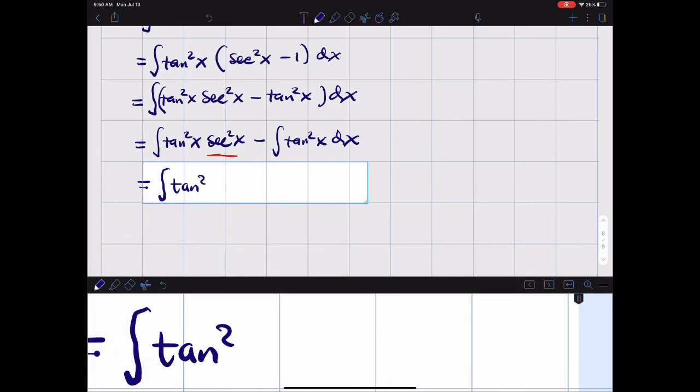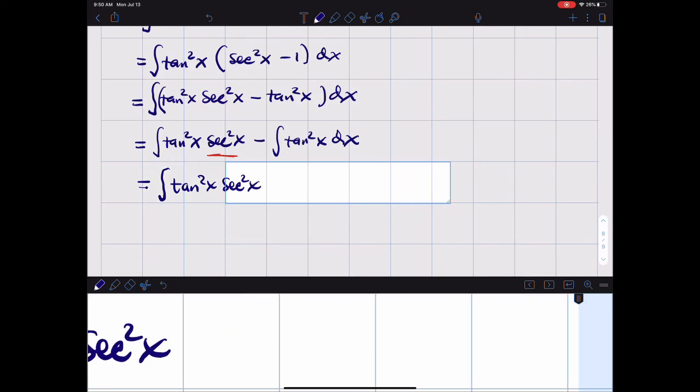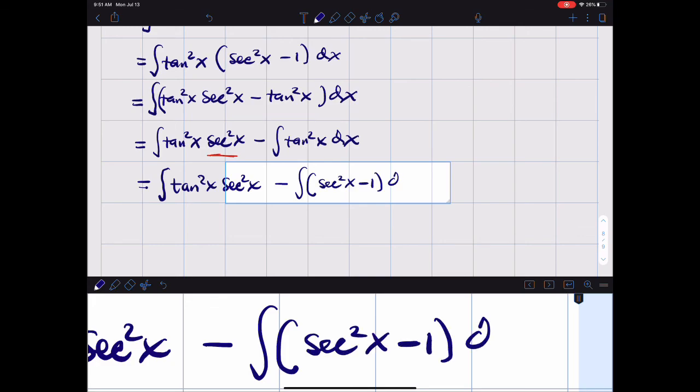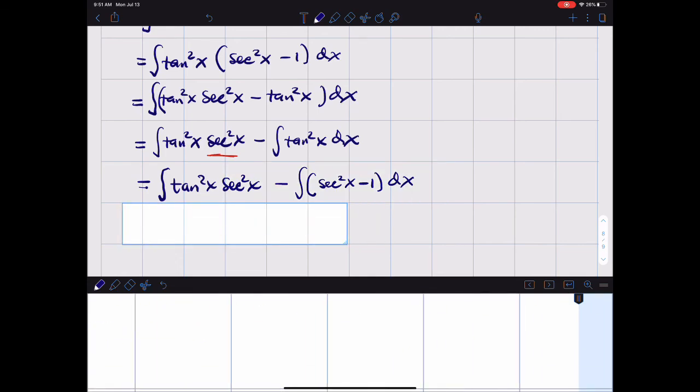So we have the integral of tangent squared x, secant squared x, minus the integral of secant squared x minus 1 dx. And what can we do? We can break everything up.